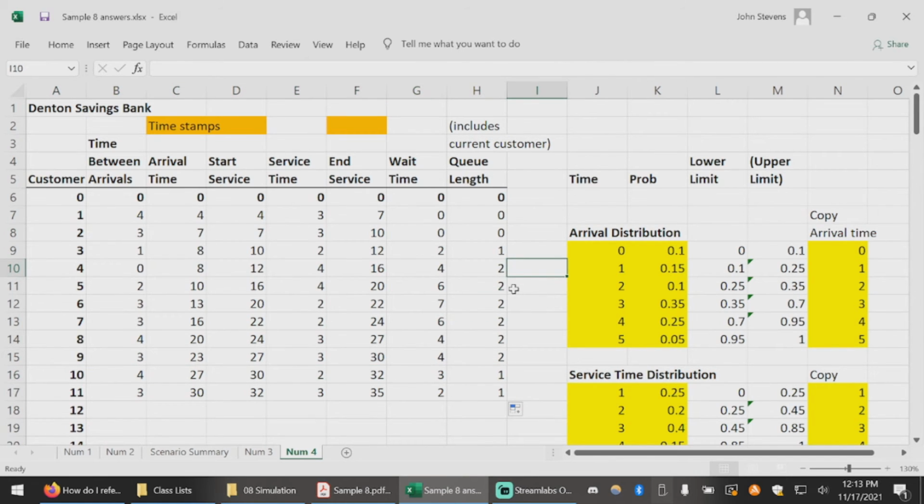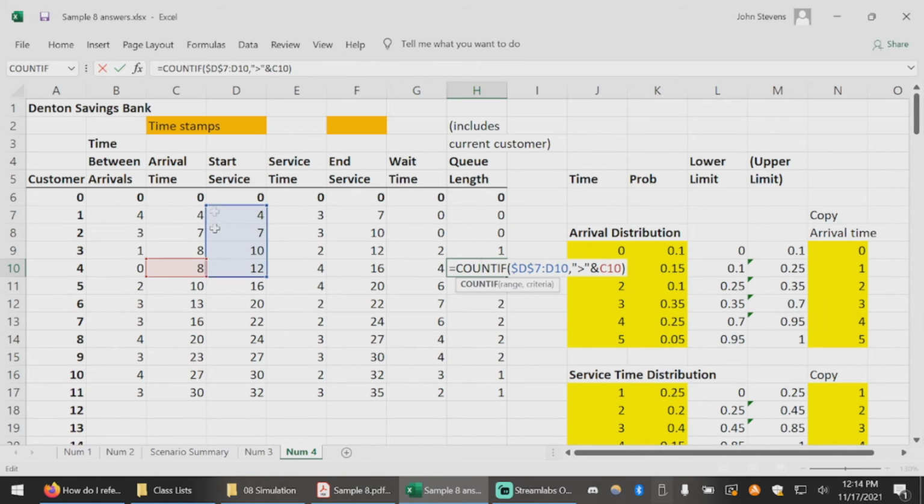Everything's good. So let me double click on this again to show you. I want to count how many of the start service times are greater than my arrival time. If you use the insert function, it's not going to be as nice and convenient. Just check that when you do a cell reference, you have to have the ampersand and so on.